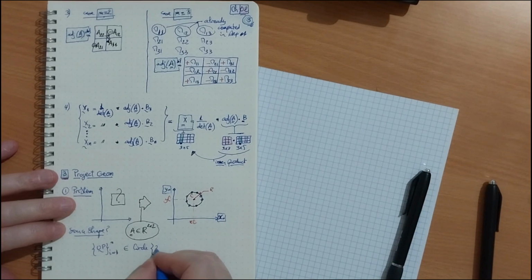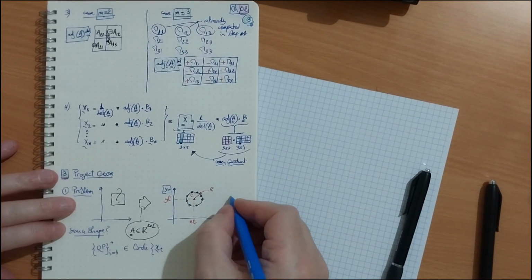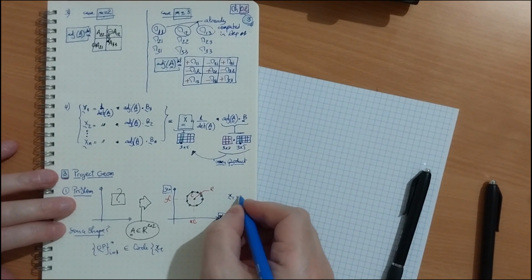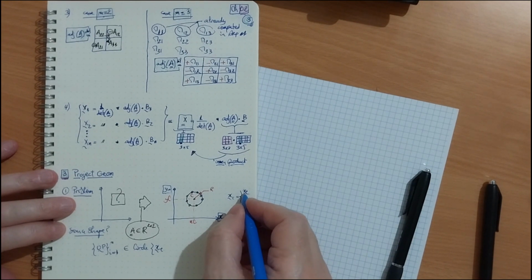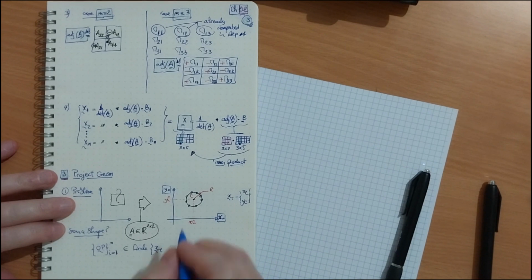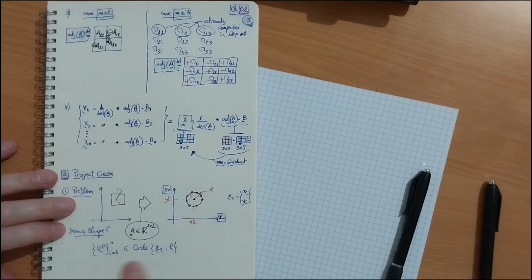N is the number of points belonging to the circle, defined by the vector position of its center, xc. So here xc is the x coordinate and the y coordinate of the center of the circle, and its radius. So these are given.